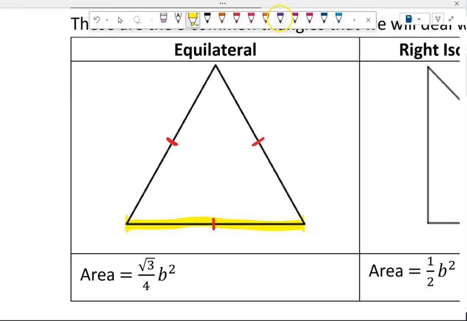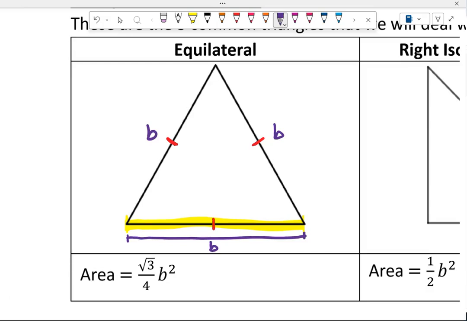Well, to be able to do it, so again, the entire length here is we call our b. If that is our base, our b, then this is also b and that is also b. To be able to find the area of a triangle, what's the area of a triangle?